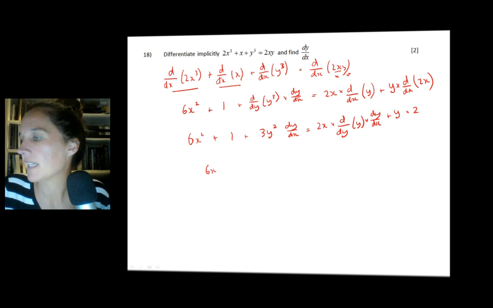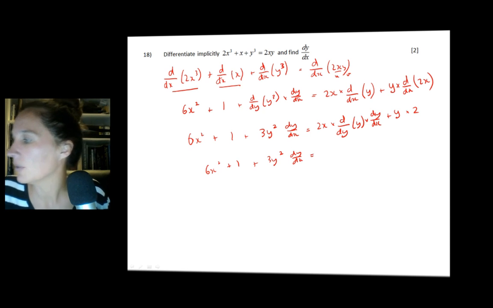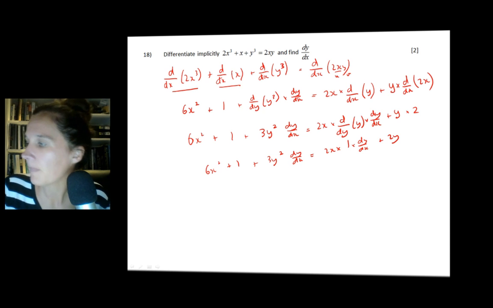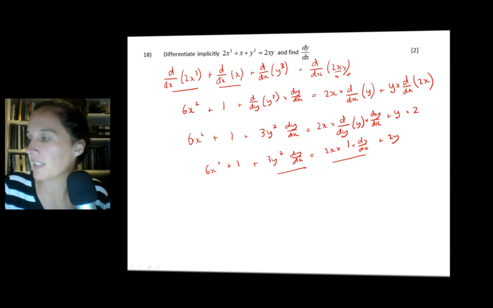So we have 6x squared plus 1 plus 3y squared dy on dx is equal to 2x times 1 times dy on dx plus 2y. So we've got these two dy on dx terms. We're going to move those over onto the same side.